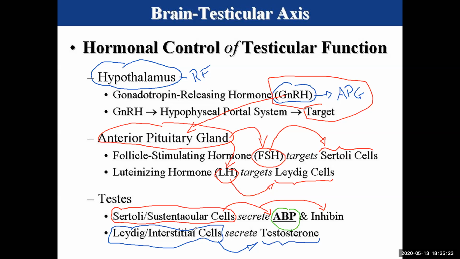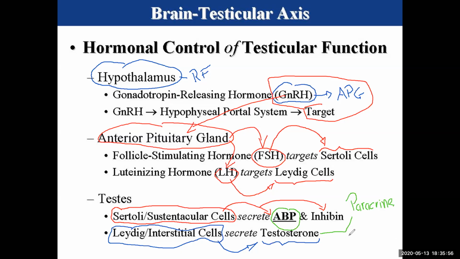Remember, the Leydig cells produce and secrete testosterone. So in this case here, testosterone has two functions. It acts as a paracrine signal when it is acting on the Sertoli cells, paracrine. So in other words, it functions as a short distance chemical messenger.